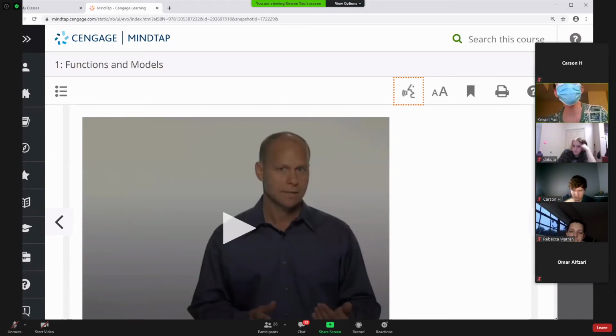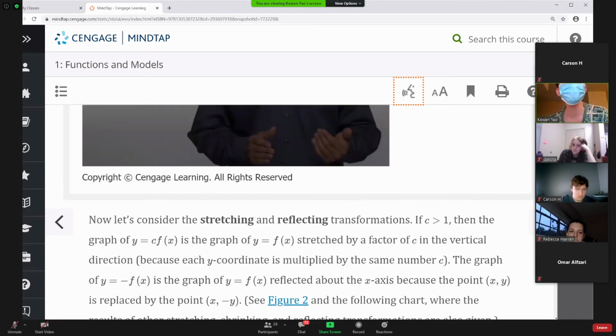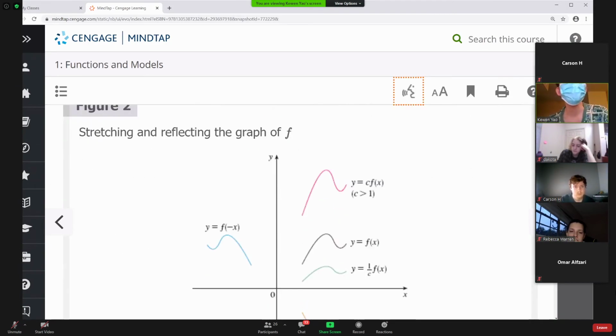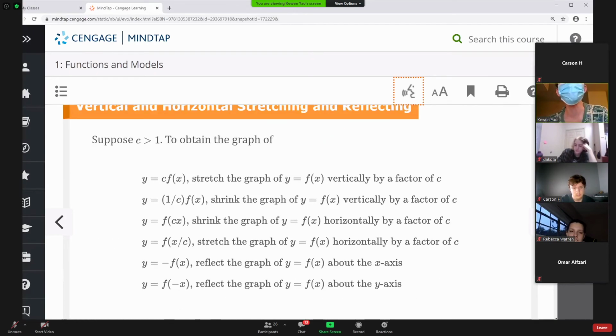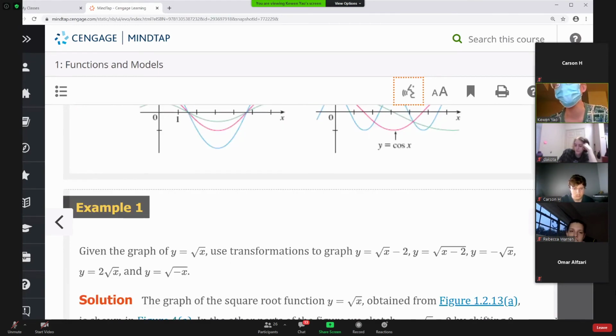Okay, we don't have to worry about this video. Okay, this is so easy. So this section is easy because this is very straightforward, right? So you've got to remember how to shift, right? See, this is what? This is the basic function, right? Square root of x is the basic function. This is shift down 2 units. This is shift what? To the right 2 units.